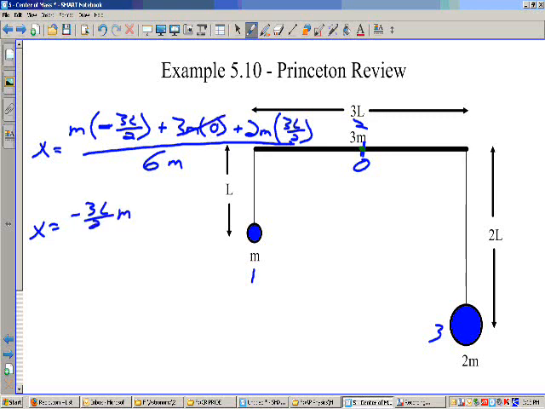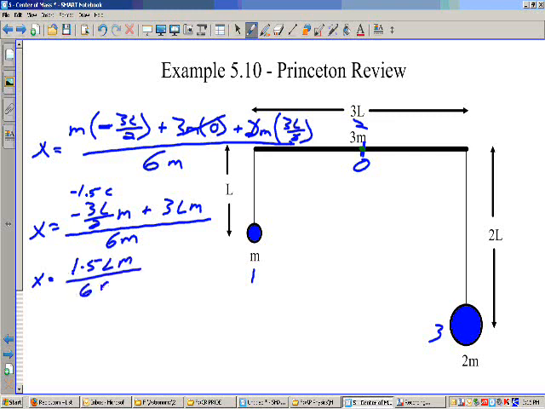plus, those 2's cancel out, 3Lm over 6m. So my x-coordinate is going to be, let's see, 1.5 L negative, so I'm going to have 1.5 Lm over 6m. The m's cancel out.